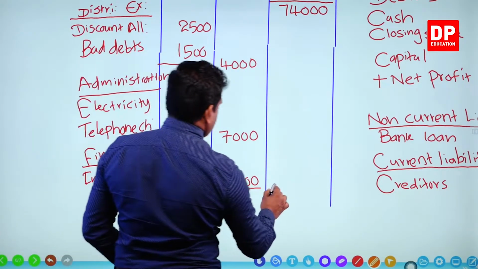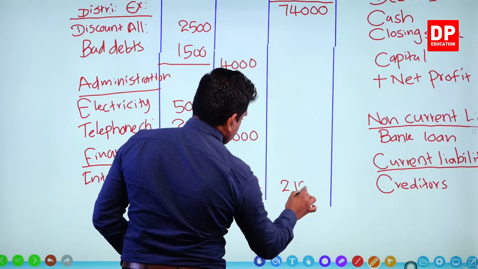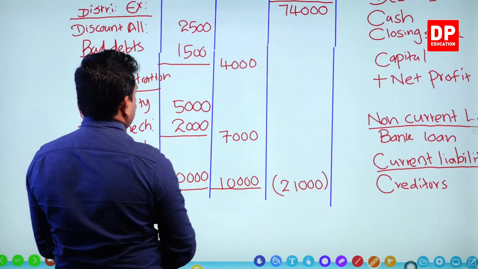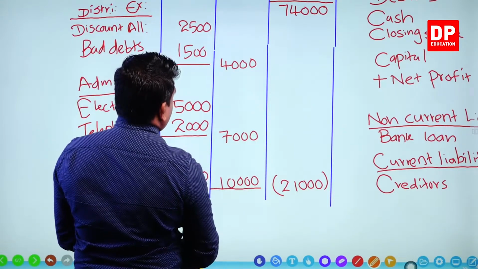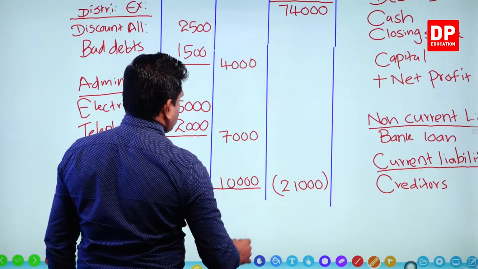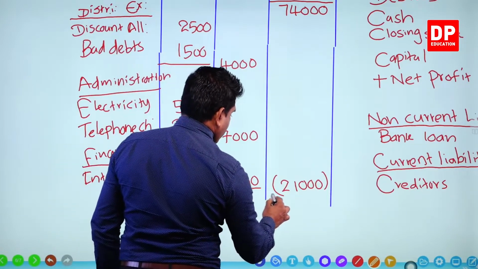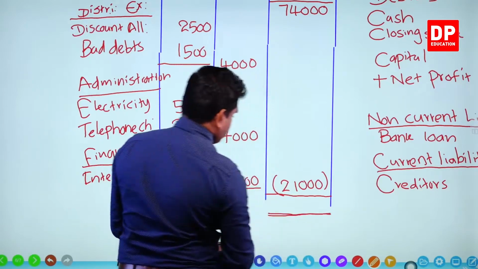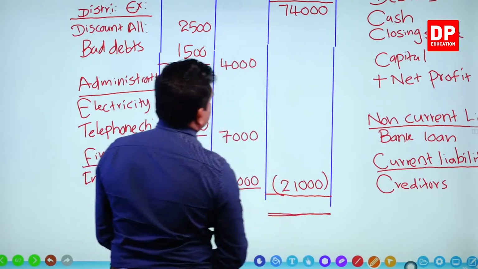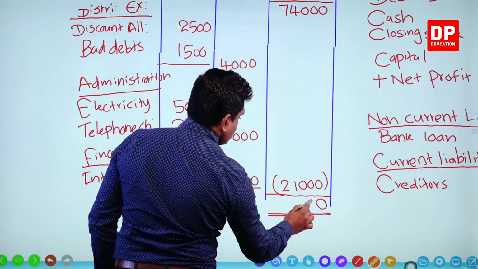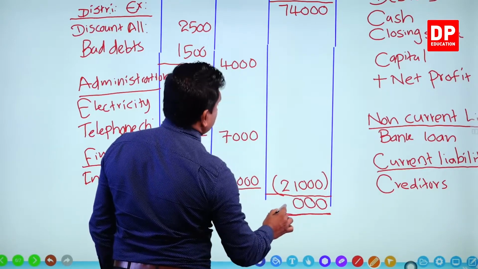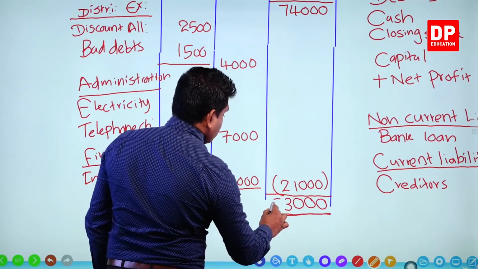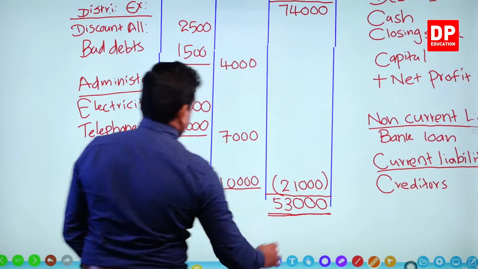Here 21,000. Above you can see 74,000, down total expense 21,000. Then you can see what? Net profit. You can see the net profit how much? 53,000.